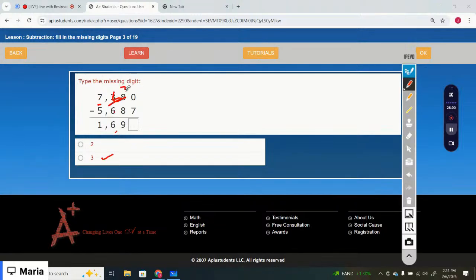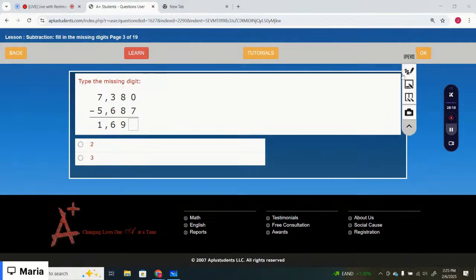So when you borrow 1, you have 7 here and 10. 10 take away 7 is 3, so the missing number is 3. Very good. That is 3. Option number 2 is the correct option.